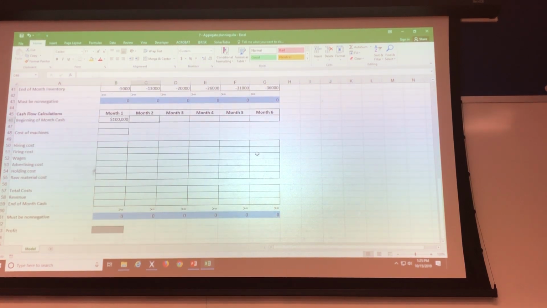At the beginning of month two, how much cash are we going to have? No, it's simpler than that. It's just what's above what you said.